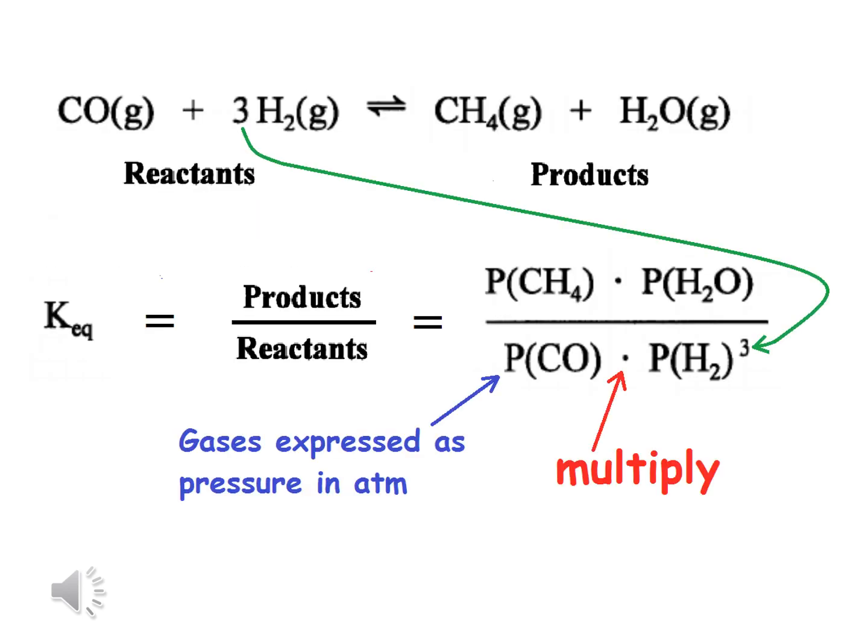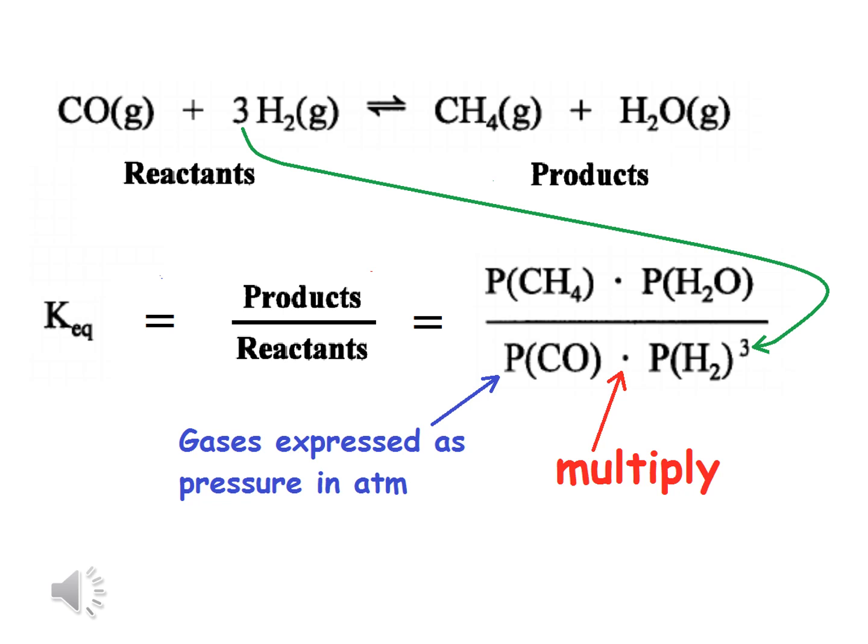This describes more detail about how equilibrium constants are written. The amounts of the products go on the top, and since these are all gases, I write it as pressure. The first symbol on the left of that fraction, PCH4, that's how I represent the pressure of CH4 in atmospheres.